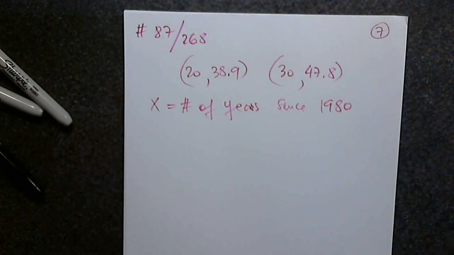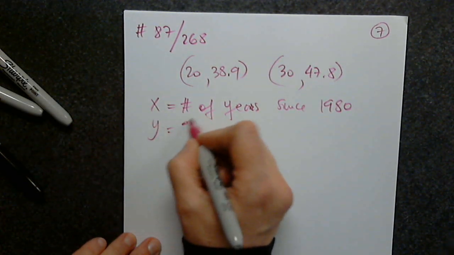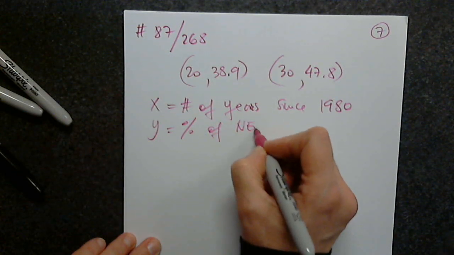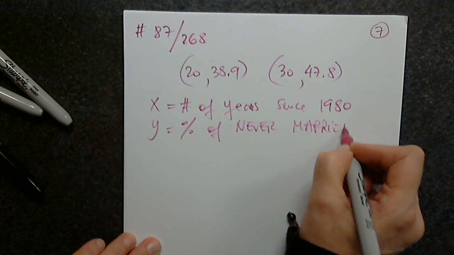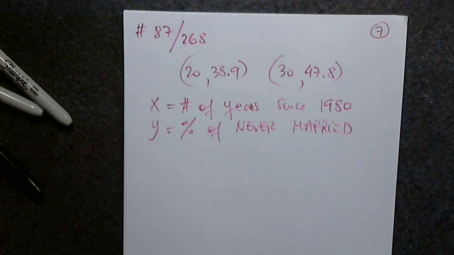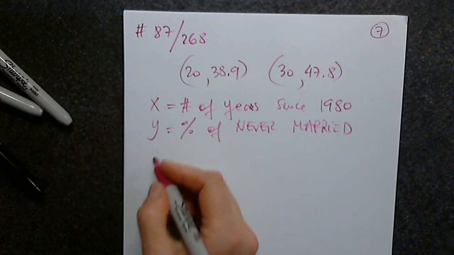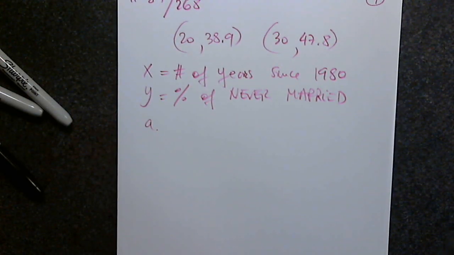And Y is the percentage of never married. Y, percent of never. Perfect. One more time, in part A, they're asking us to find the equation of the line that goes through the given points. Nothing new. We've just done that a few minutes ago. So how do we start?